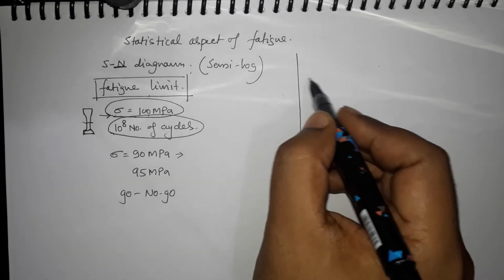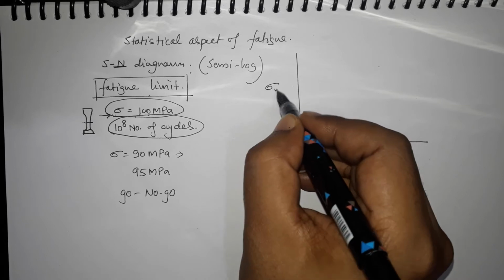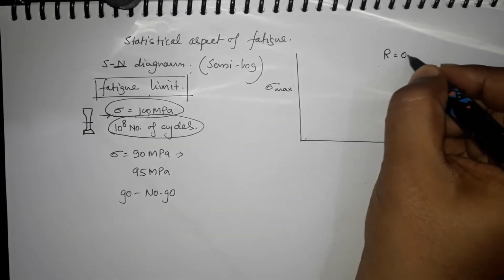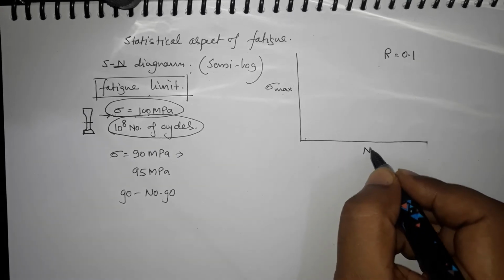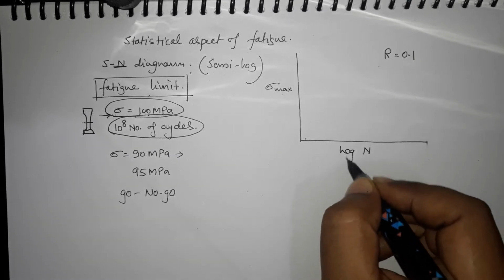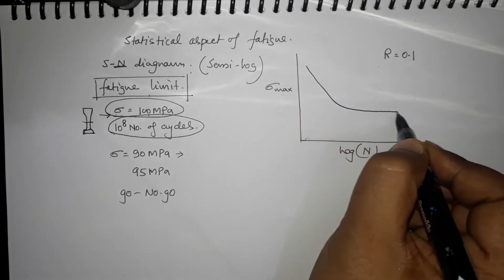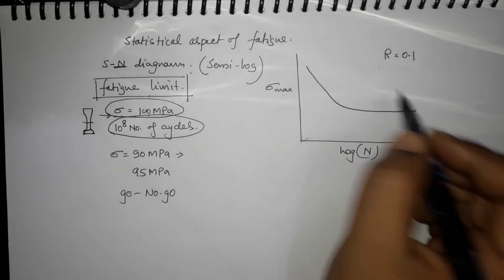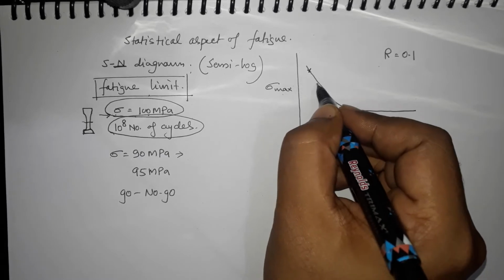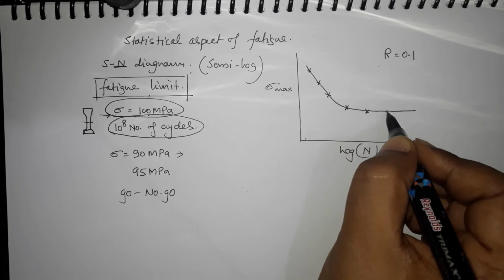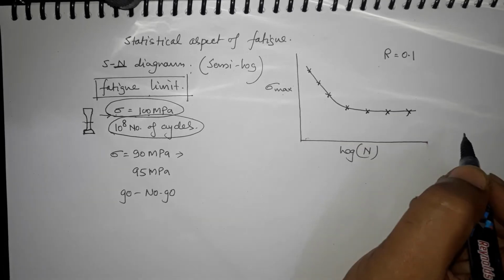This is my sigma max, at an R ratio of, let's say, 0.1, and number of cycles in logarithm, and I get a diagram like this. I have performed these tests and then I plot these values in this form.